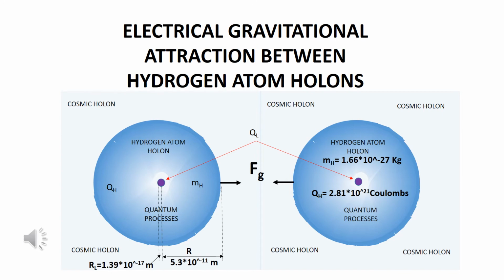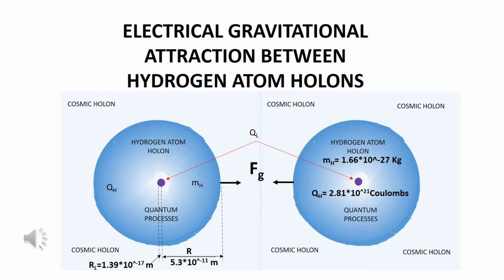Using the relationship between enclosed charges and radial distance, if we put the radial distance equal to 1.39 times 10 to the minus 17 meters into this equation, we find a value for QL, the charges exceeding the speed of light. This comes to 8.942 times 10 to the minus 35 coulombs.